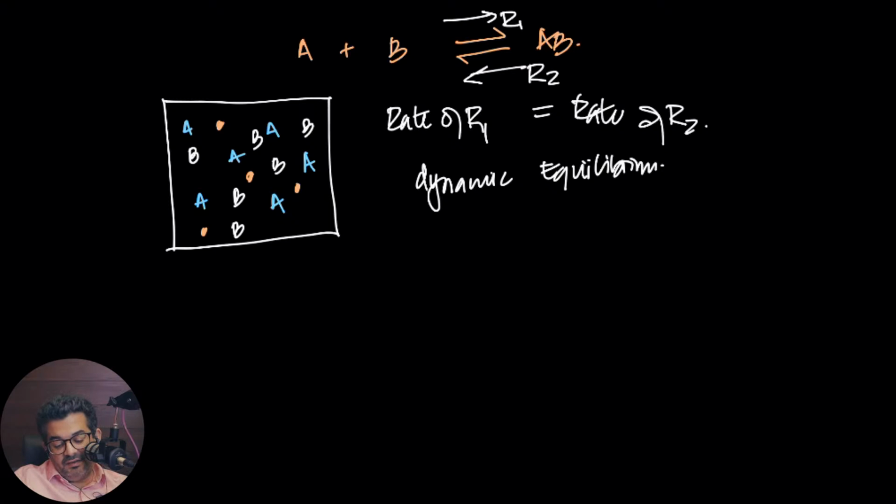It's called dynamic because the reaction doesn't stop. A and B keep on reacting to form AB, and AB keeps on reacting to form A and B. They don't stop. It just appears to have stopped. But in reality, the reaction hasn't stopped.